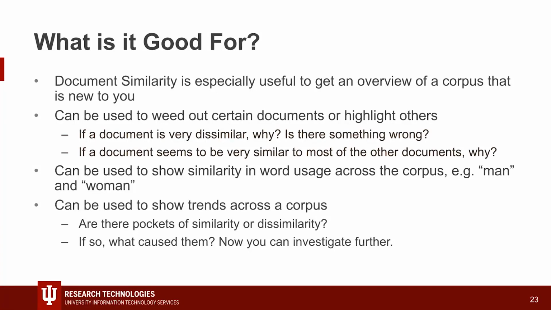We've run them and gotten this really stark red line, like with Julius Caesar, and there are some negative values in there. What that tells us a lot of times when you get a negative value is that you're dealing with two different languages. Most of the corpus might be in English, and you have one document that's mostly in French. Those are going to be negative because it's not going to have a lot of similar words.